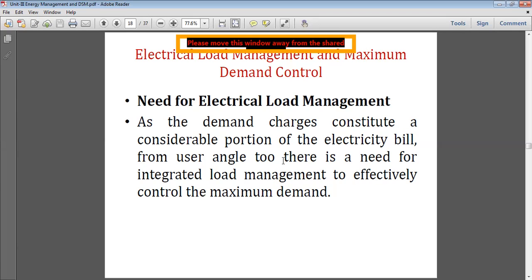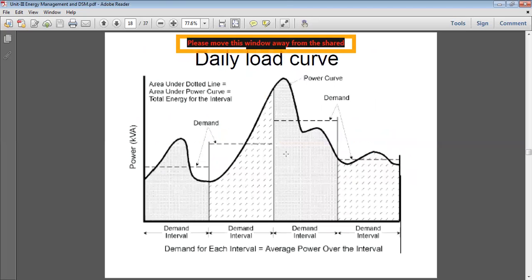The economical advantage is that our maximum demand decreases, which will reduce the electricity bill. And second, the power factor penalties can be avoided. So these are the objectives and the advantages of power factor management. Now we are going to discuss load control.